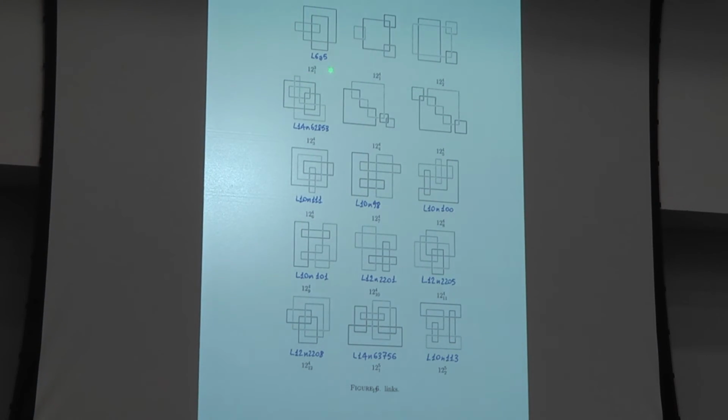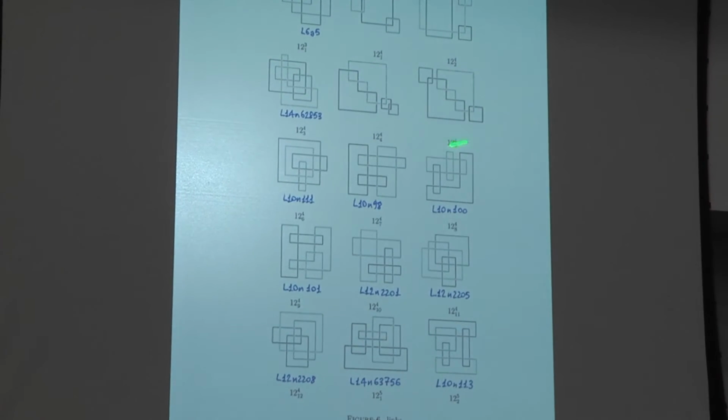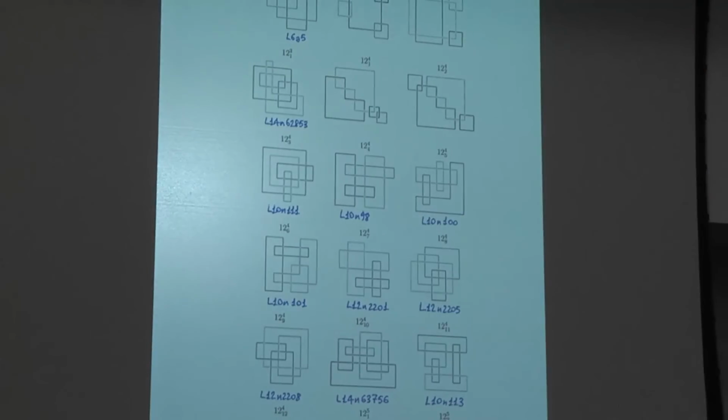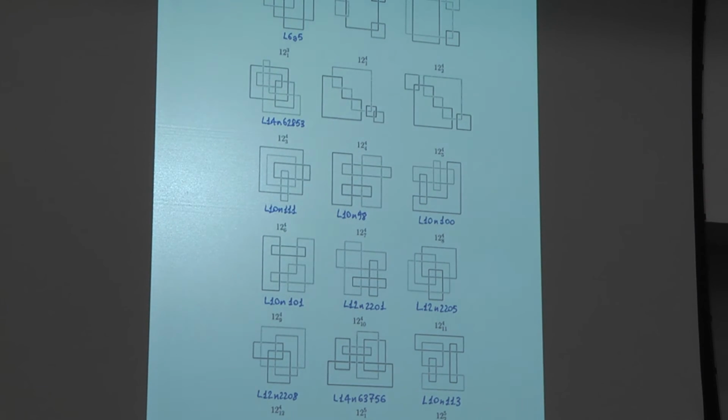All of them are links. This is the name in the Atlas link table. The 4 links without name are not prime, so they are not in the table. Of course, there are some primes representing the same complement, but they are out of the table, too many crossings.